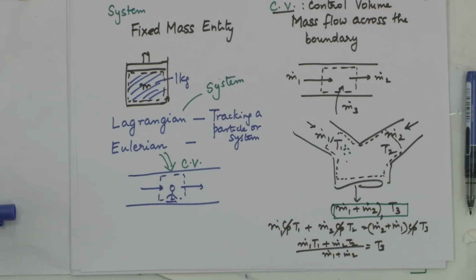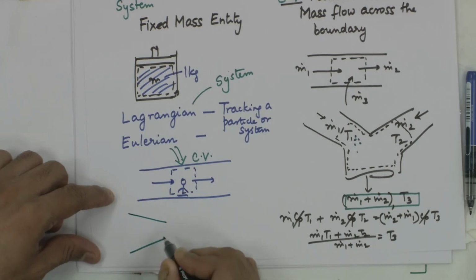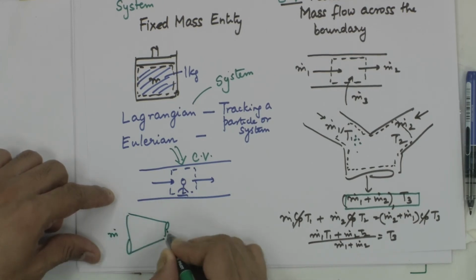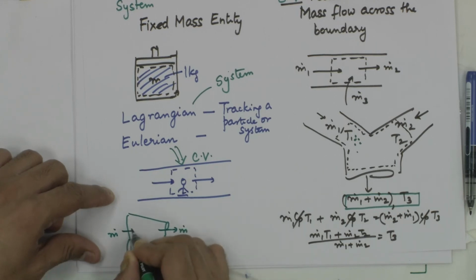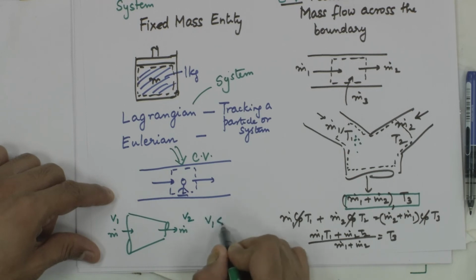Why? Because a fluid can accelerate, decelerate, etc. because of unbalanced shear stresses, and because of that a fluid may behave differently at different locations. Nozzle, for example, nozzle at steady state, you would have seen in thermodynamics, mass flow coming in is mass flow going out, but we all know V1 is much smaller than V2.